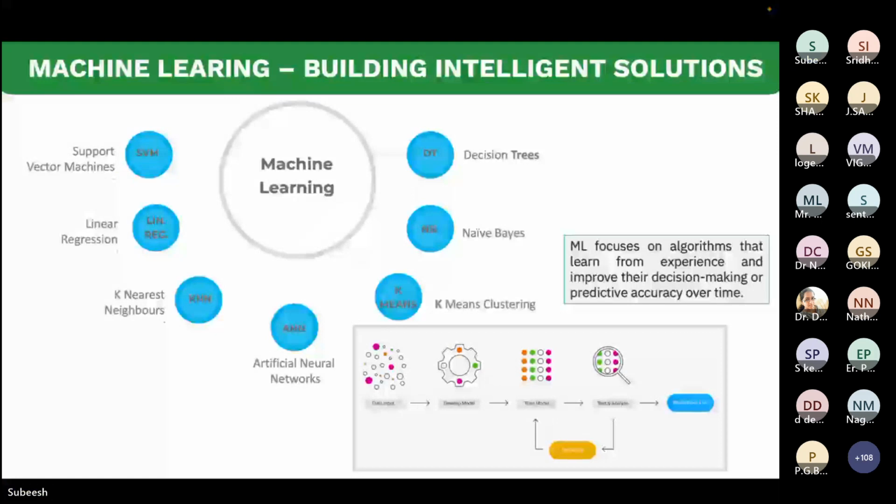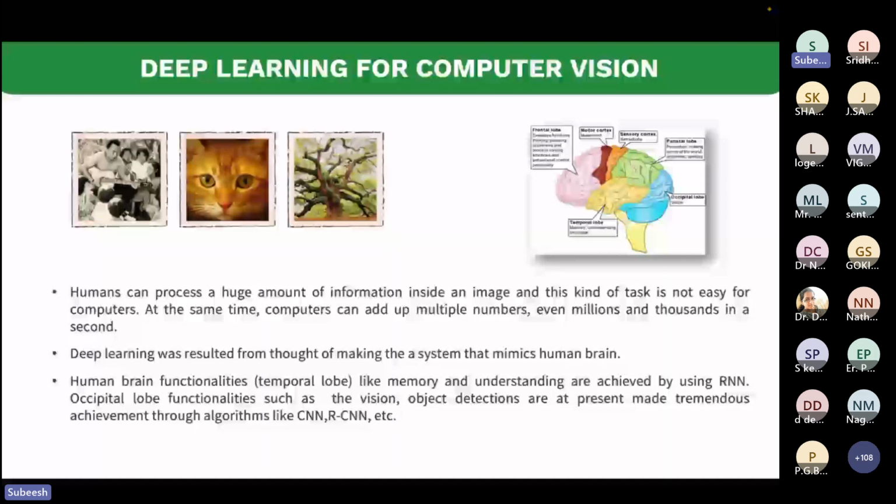When you talk about agriculture applications, mostly we deal with computer vision these days. There is extensive use of computer vision; machine learning is also used, but computer vision has broader scope in terms of automation.